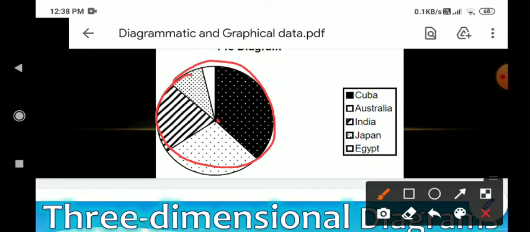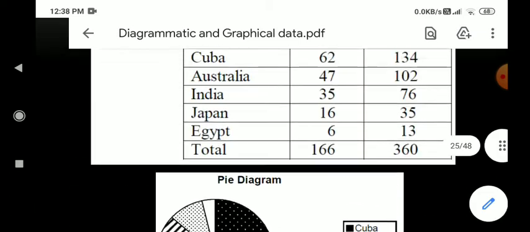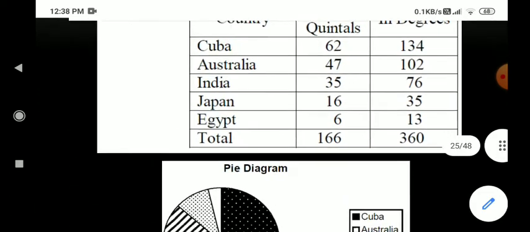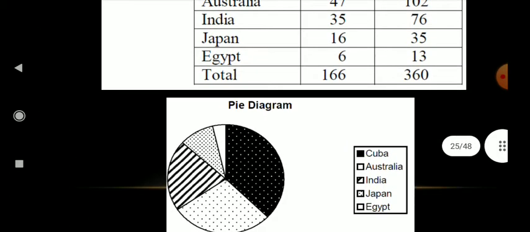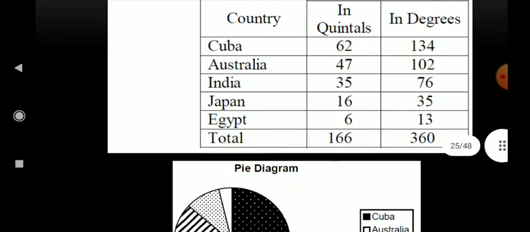In this case, these people have taken the line here. Any line you can take. It should meet the center and a point on the circumference. The first thing is 62 degrees, which is Cuba.